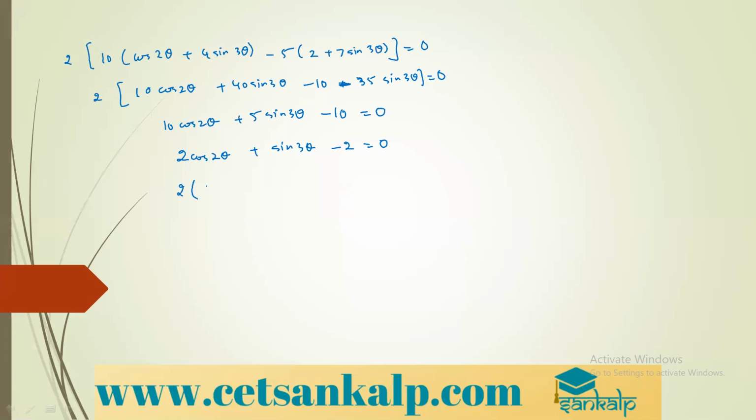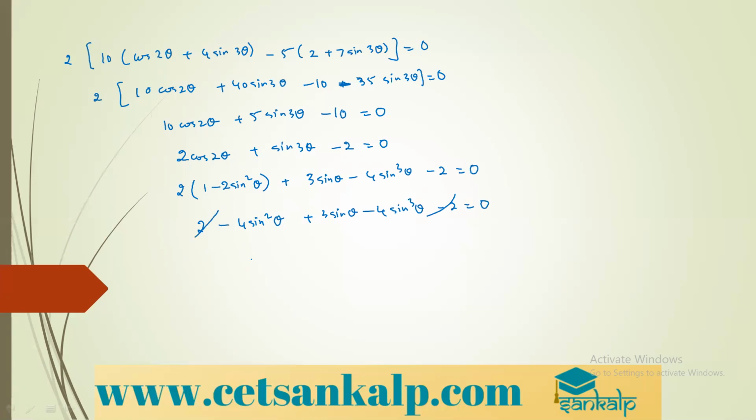Or 2 into 1 minus 2 sine square theta plus 3 sine theta minus 4 sine cube theta minus 2 equal to 0. So 2 minus 4 sine square theta plus 3 sine theta minus 4 sine cube theta minus 2 equal to 0.